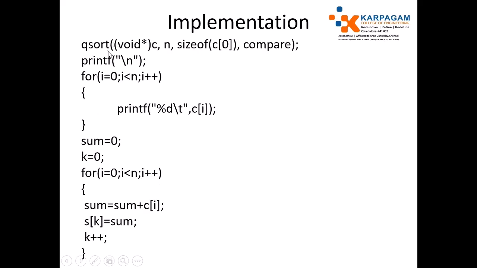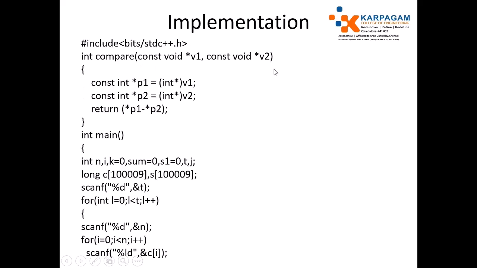Now I arrange the elements in sorted order by using the qsort function, which, as I already told, accepts four arguments. The first one is the starting address of the array, which is typecasted into void star, that is a generic pointer, then the size of the array, the size of each element in the array, and the comparator function which is already defined.